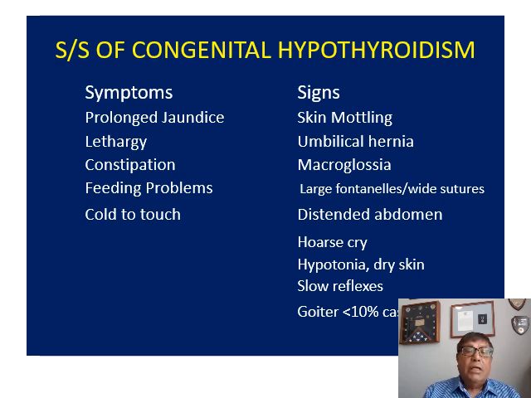Macroglossia and a large fontanelle; the posterior fontanelle is actually more important than the anterior fontanelle, but both can be widely separated, and that is one of the signs of congenital hypothyroidism. Also distended abdomen, hoarse cry, hypotonia, slow reflexes, and goiter in less than 10%, as it is organification defect.